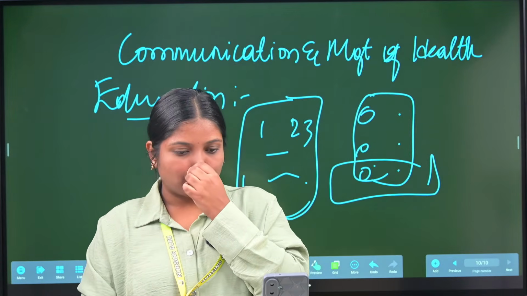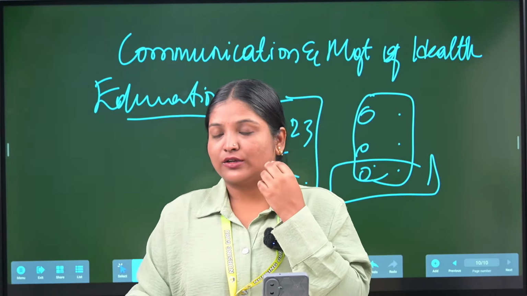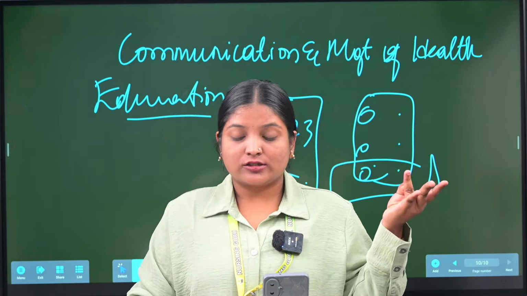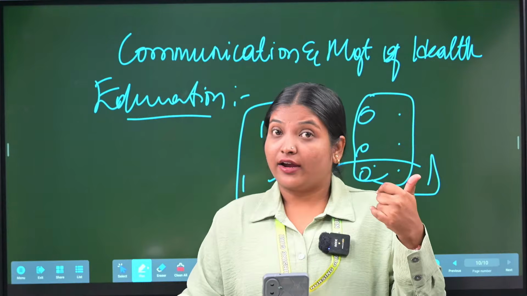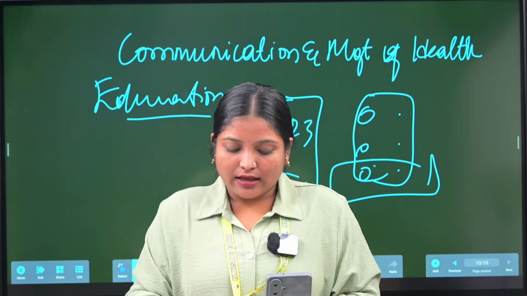Here we have to focus more on women empowerment, prostitution, commercial sex workers and elderly abuse. The female feticide act will also be there, and that is also important. These are very important.